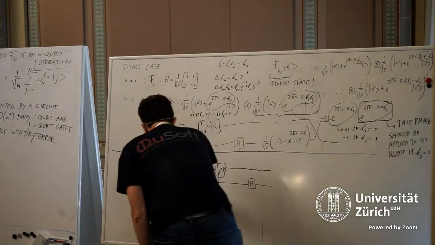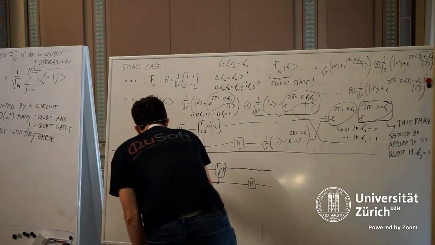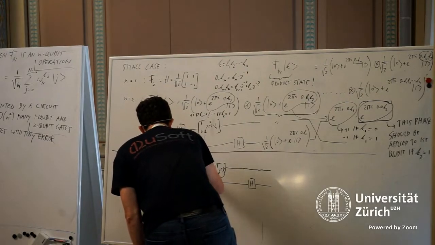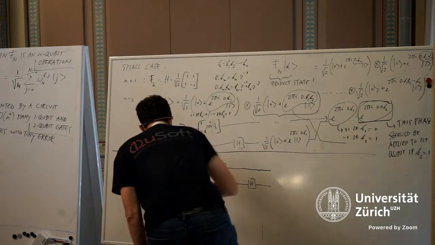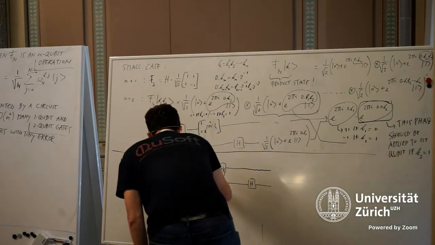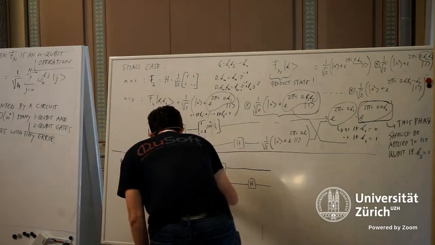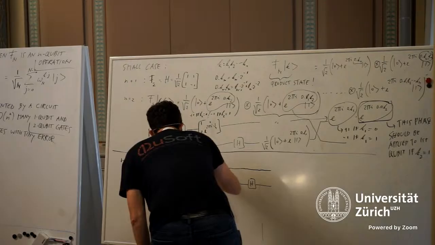And this one here is the most complicated one because it depends on all 3 bits, K1, K2, K3. We start with a Hadamard, and then we do controlled phase rotations depending on both K2 and K3. I'm not going to write out the phases here, but you could guess what they are.